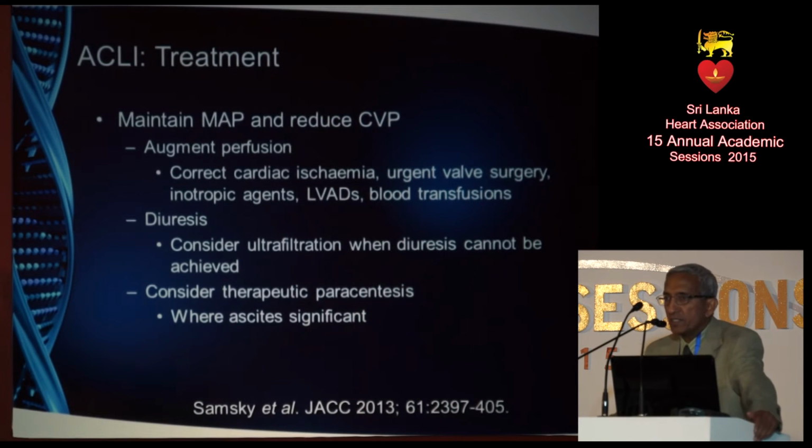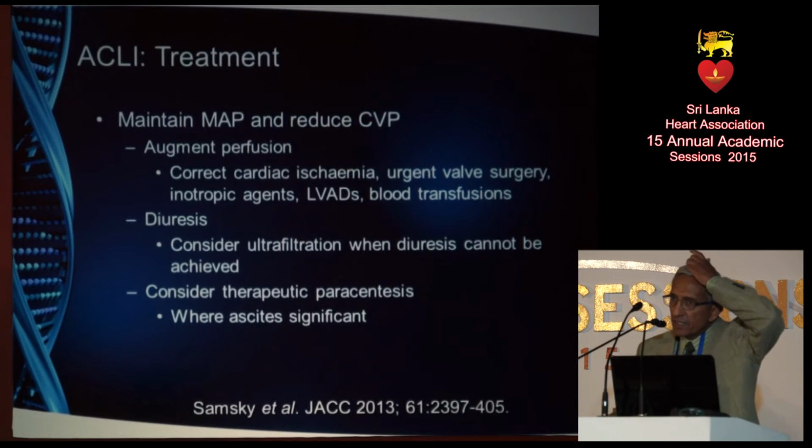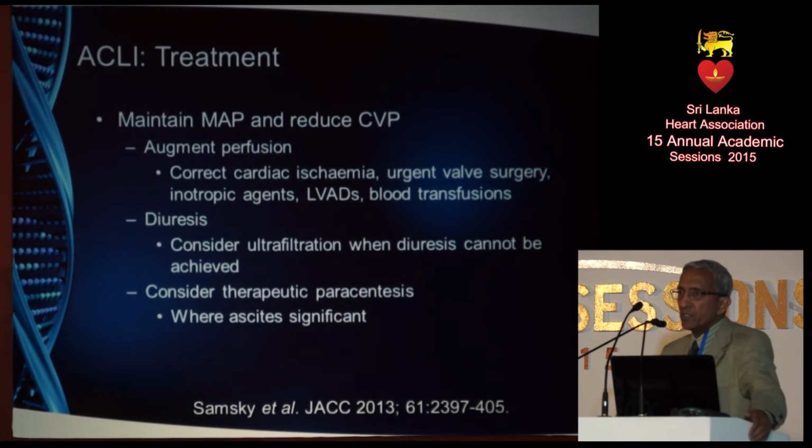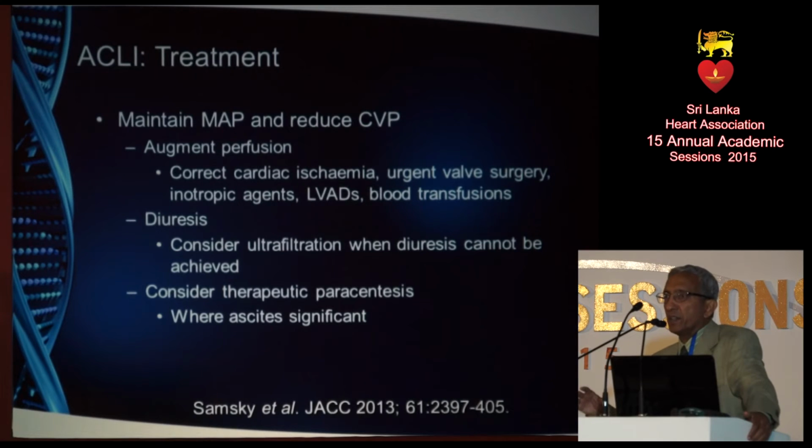Blood transfusions, as you know, a recent study indicated the people who have been using blood transfusions in the setting of anemia in the patients with cardiac disease, they tended to improve.